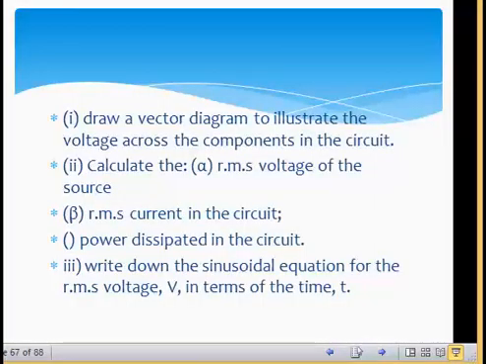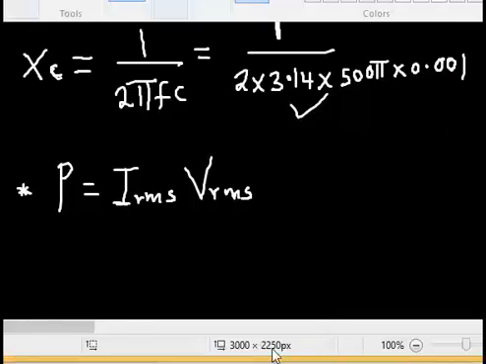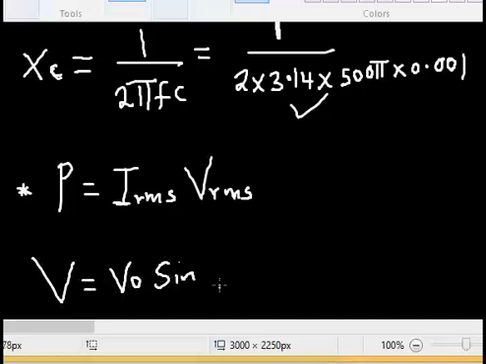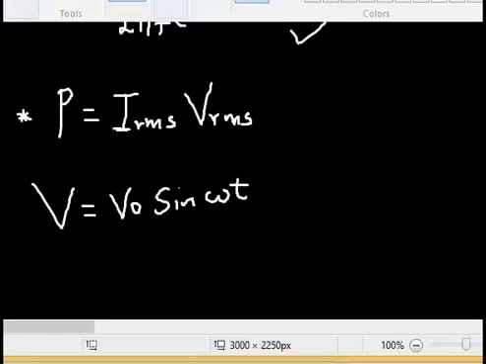Then the next question is, write down the sinusoidal equation for the RMS voltage V in terms of time. All right, so for V, remember it's given as V0 sine omega t. So that is the equation of the voltage. So the question, how do we get the V0, right?